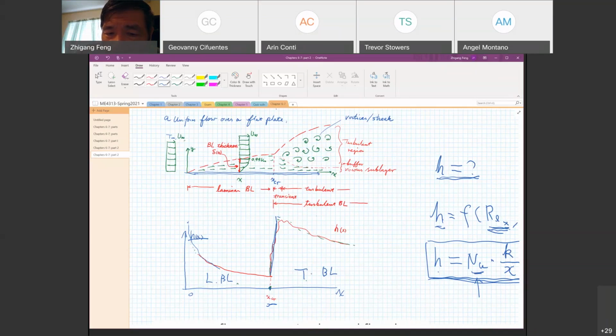It helps the mixing as well as the heat transfer. So again, as x further increases, we see h start to drop. So that's the characteristic of h with respect to x.